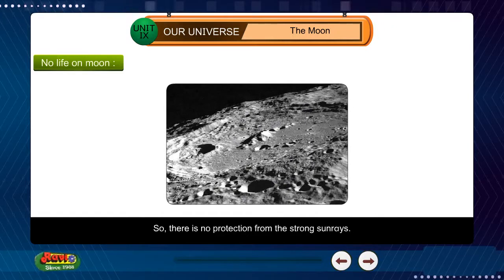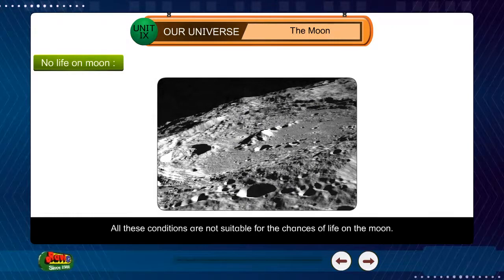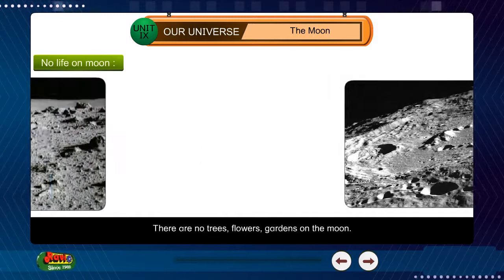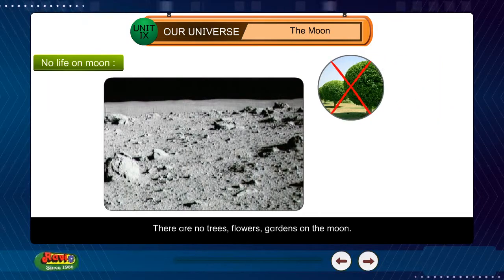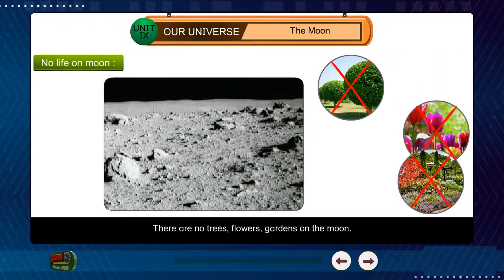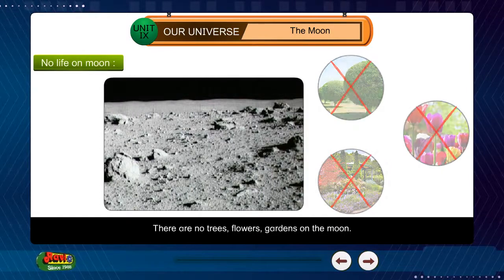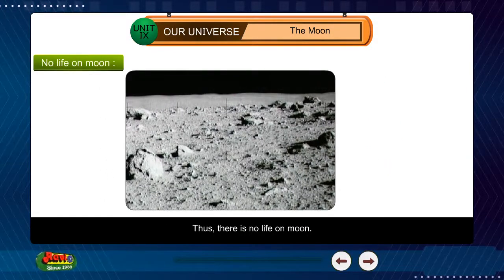So, there is no protection from the strong sun rays. All these conditions are not suitable for the chances of life on the moon. There are no trees, flowers, gardens on the moon. Thus, there is no life on moon.